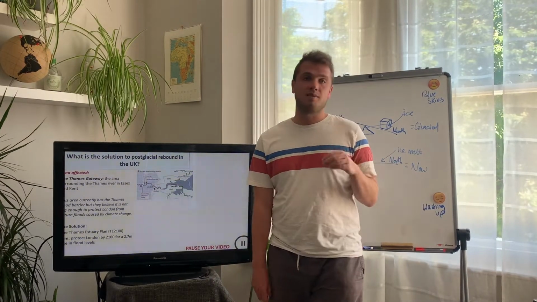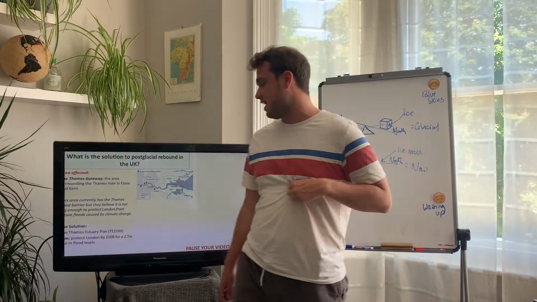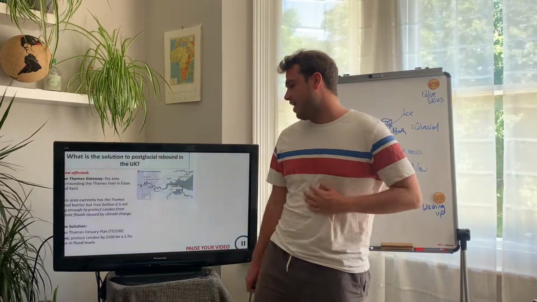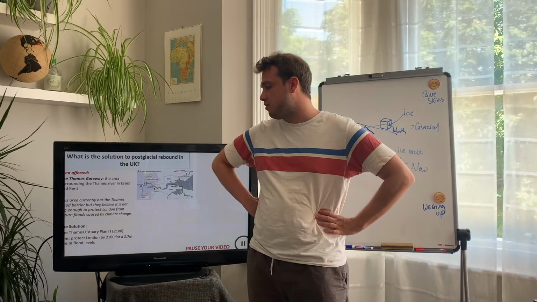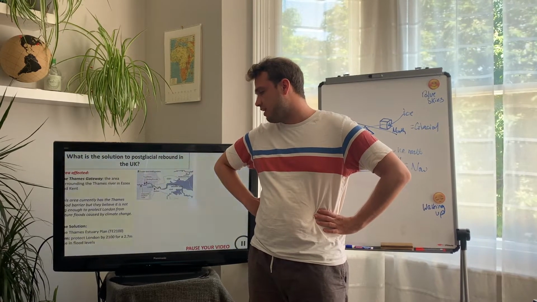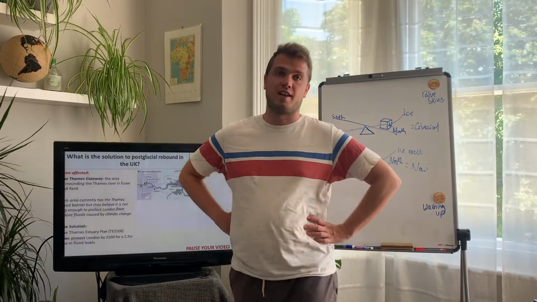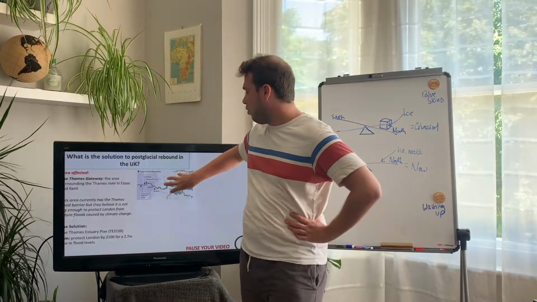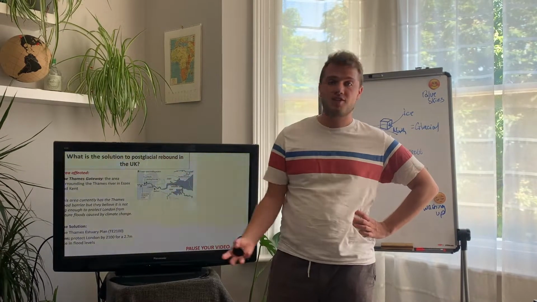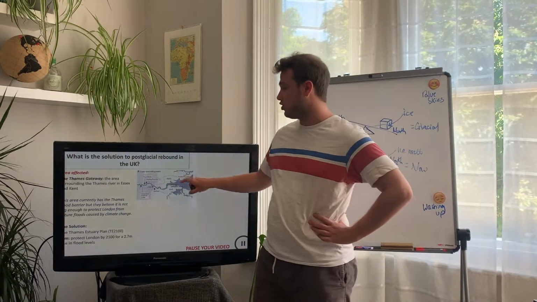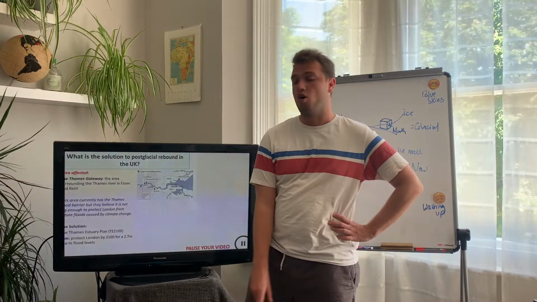So they've had to put into place a new plan, and this is called the Thames Estuary Plan. The aim is to protect London by 2100 for a 2.7 metre rise in flood levels. So out on this estuary, they're having to develop new estuary environments in order to protect this area of London.